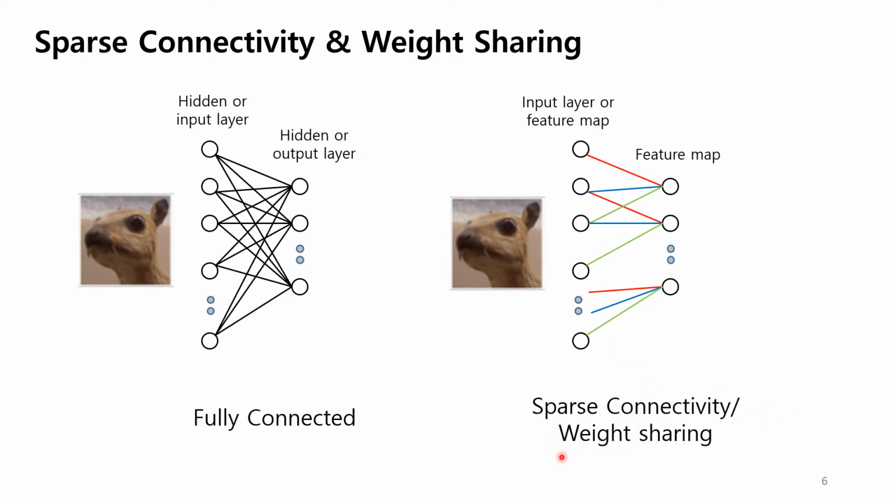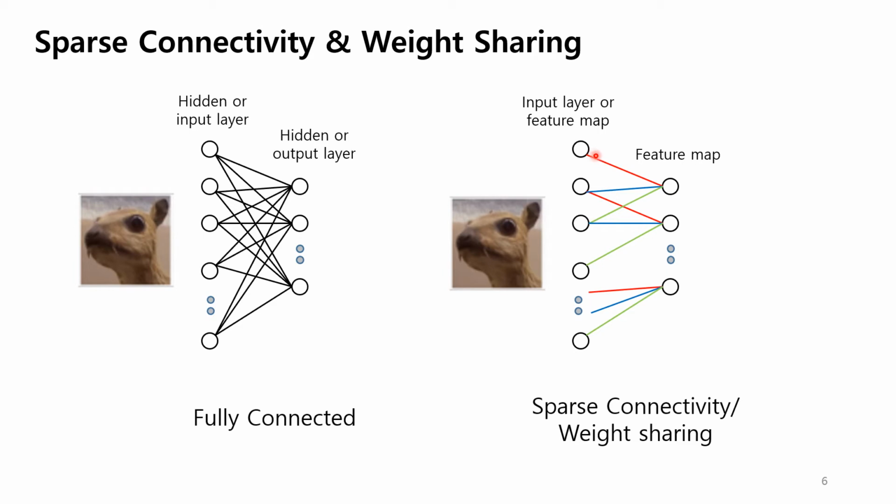Another property of nodes in a feature map is weight sharing. This one uses sparse connectivity, and another interesting property is that each node in the same feature map, these are the nodes in a single feature map, shares the same weight values. Each node here has its own weights, right?